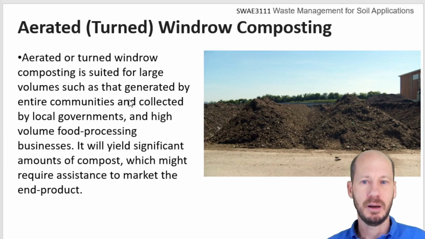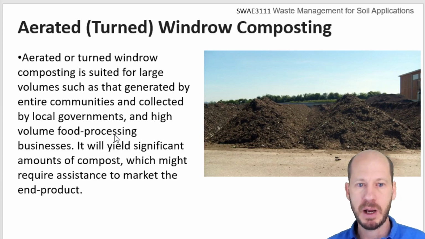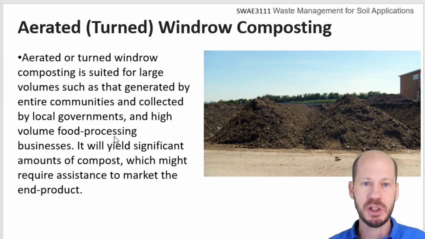These windrow composting systems are highly advantageous for producing a high quality material, finishing the process in a very short time, improving the efficiency of this process, and it's easily manageable by using heavy machinery for turning this compost and moving this compost around.